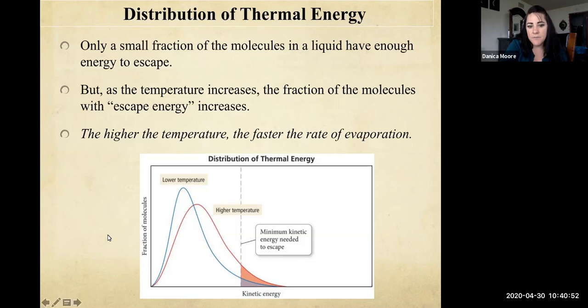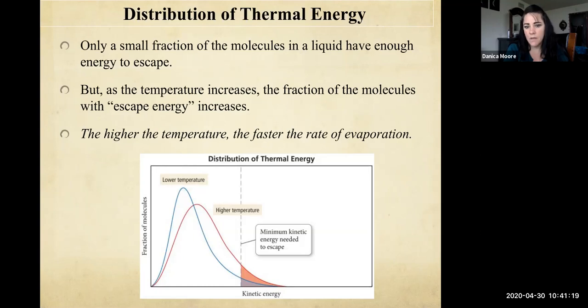So the majority of the molecules at this higher temperature are still below the threshold of energy to be able to escape the liquid. But we see that this tail end now has more molecules than it did before, right? So more molecules at a higher temperature have the kinetic energy necessary to escape the surface of the liquid. Does that make sense, guys?